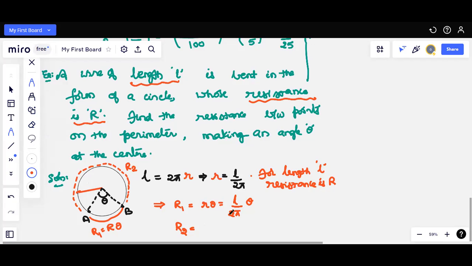For L length the resistance is R and r1 is equals to R theta by 2 pi. Correct enough?